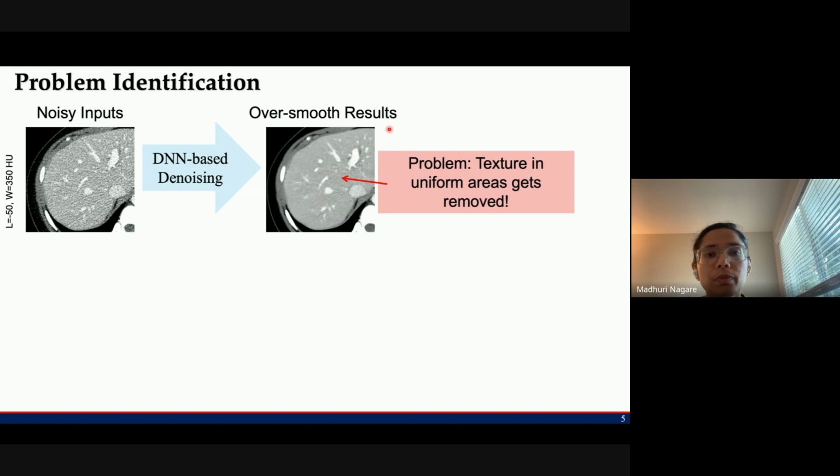The problem with this image is that the texture is getting removed. These results look over-smooth to them. They have been looking at these images for years, and suddenly if we show this image, it is not going to go through the approvals for clinical reviews.